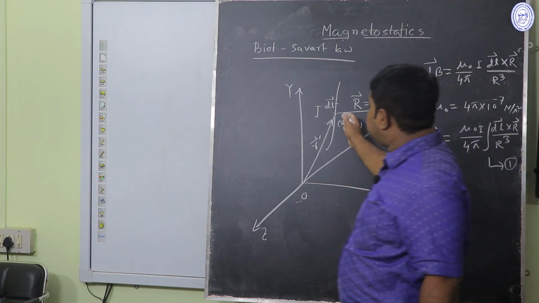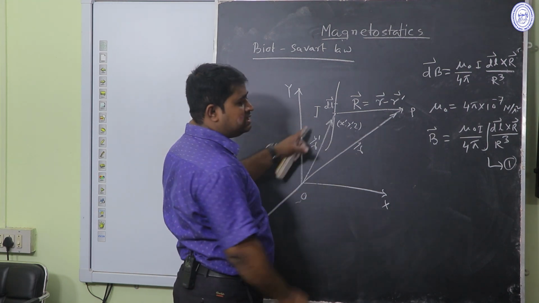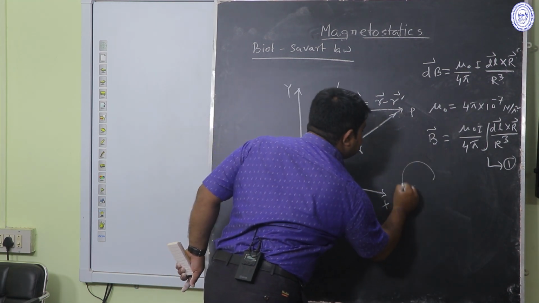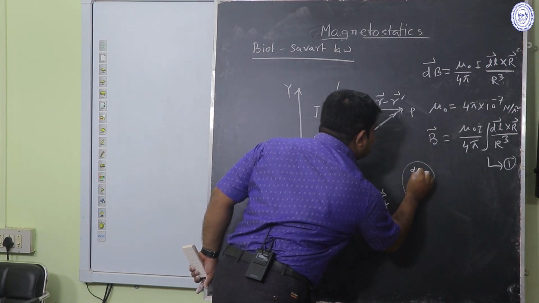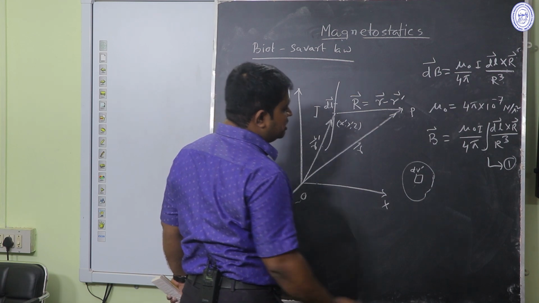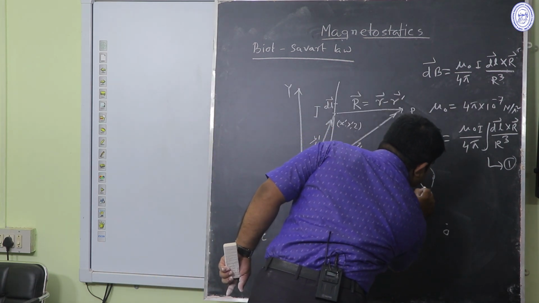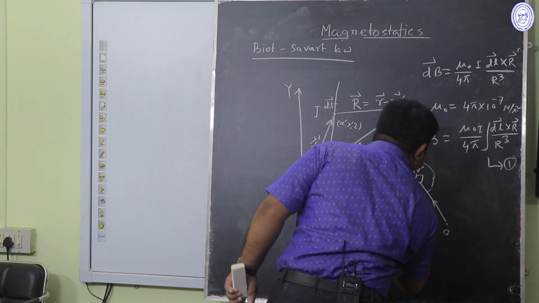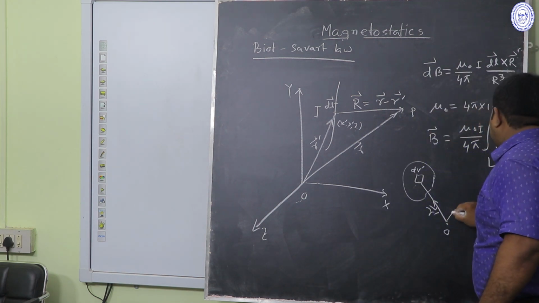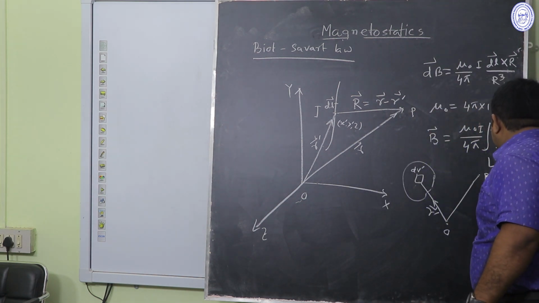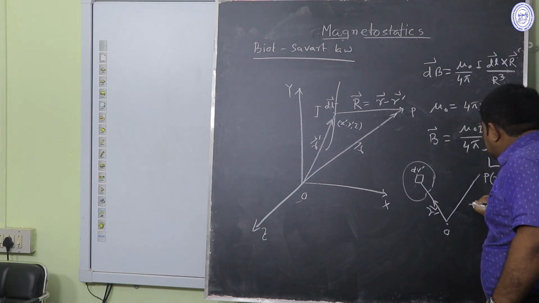If instead of a line current distribution, we consider a volume current distribution of charge, that is, we consider an elementary volume dV prime, the position of the elementary volume with respect to origin is r prime, and the position of the point P is x, y, z, that is equal to r.